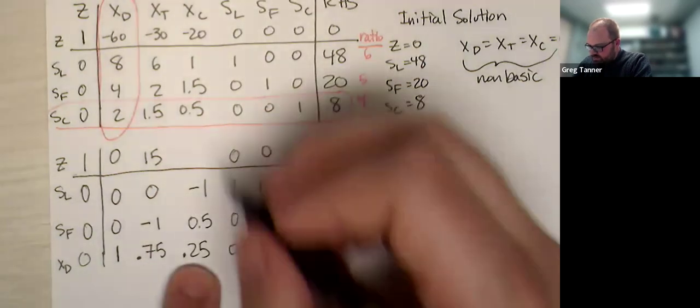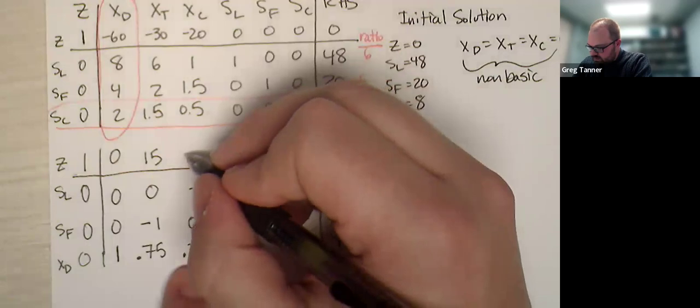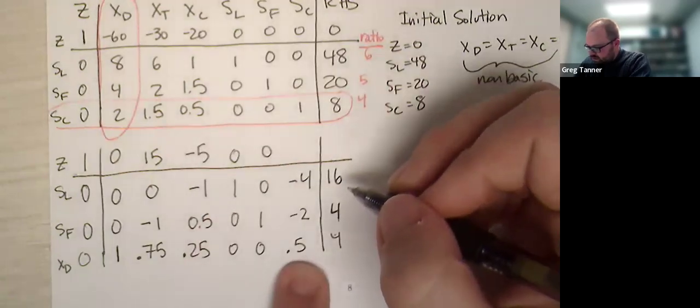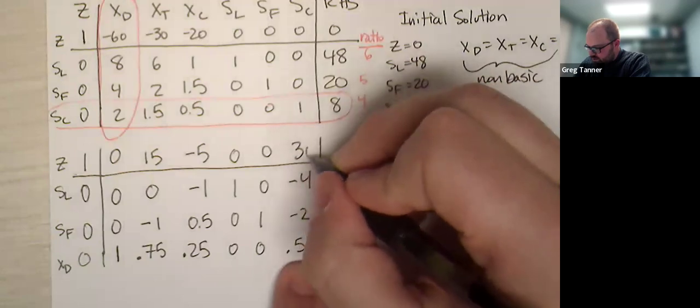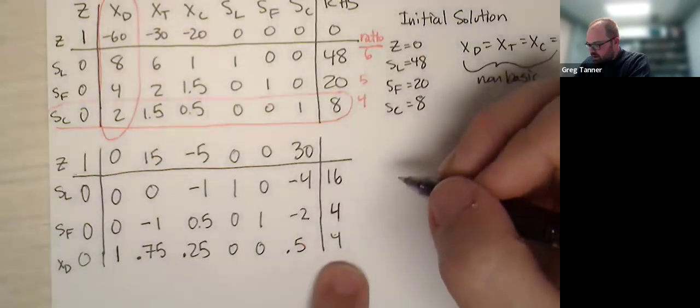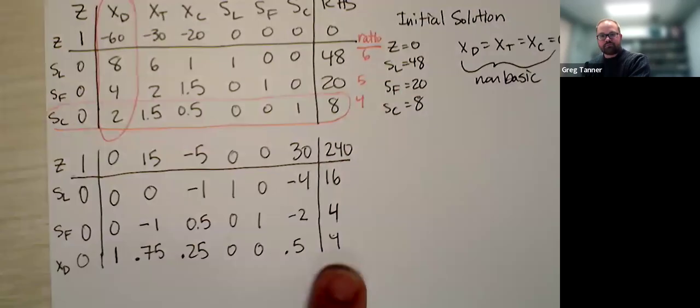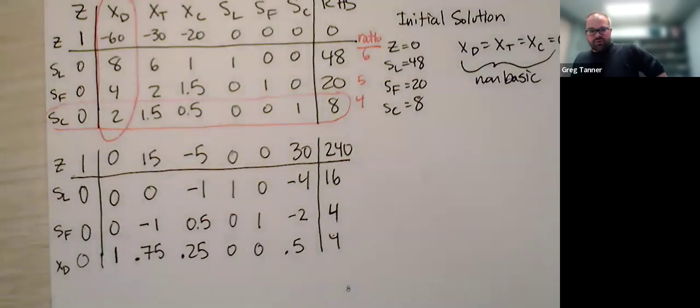Quarter of 60 is 15 plus -20 gives us -5 here. Half of 60 is 30, plus 0 is 30, and 60 times 4 is 240 plus the 0. Okay, so that is my result after pivoting.